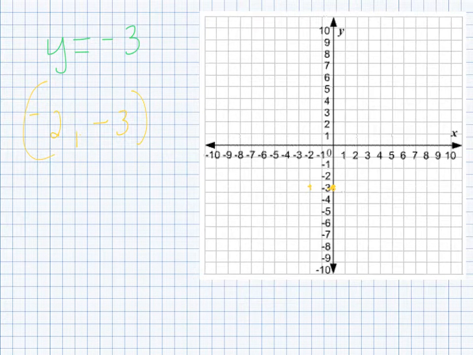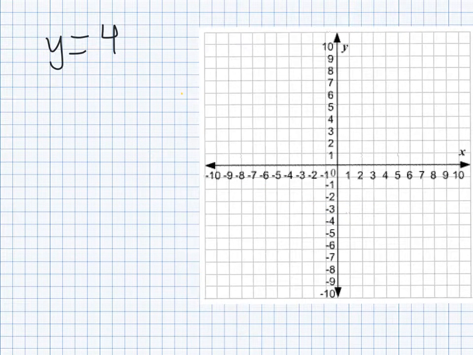I made my stylus size of writing smaller, now I can barely see it. Or we could have over here 3 and negative 3. So that would be over here. But any which way, we're going to end up with a horizontal line going across, representing that negative 3.